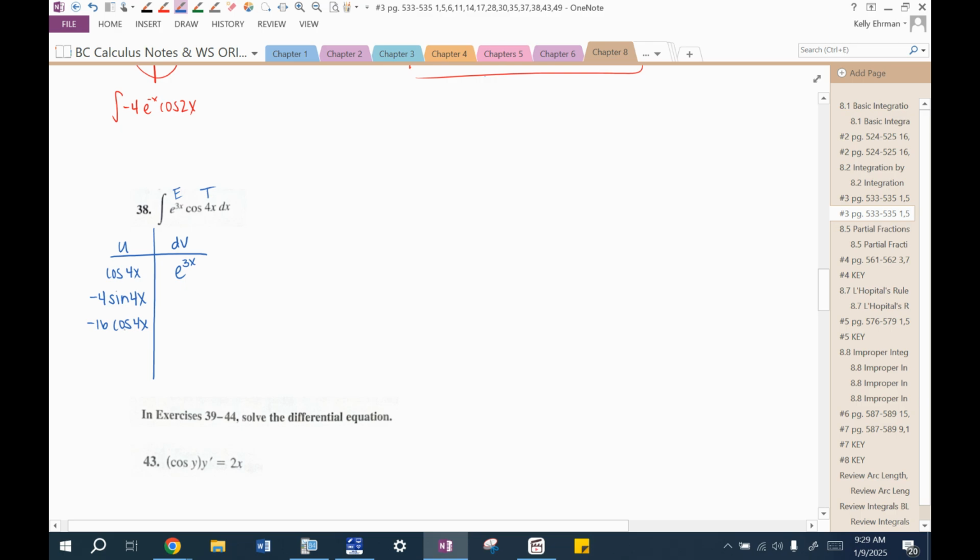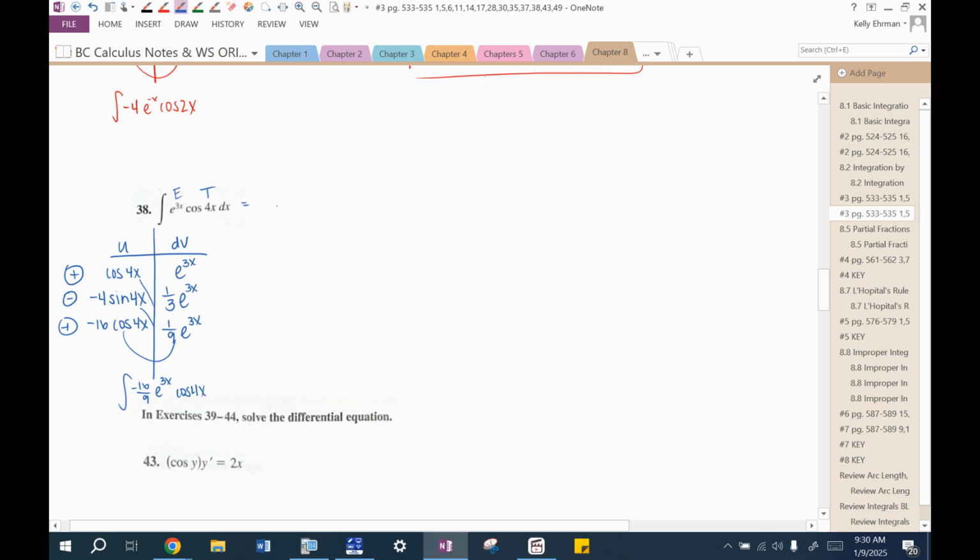So I stopped there because I got back to cosine. When you use u sub on 3x here, you're going to get 1/3 e to the 3x. And then you're going to get 1/9 e to the 3x when you integrate. Plus, minus, plus, connect diagonals, loop around. This is going to be the integral of negative 16 ninths e to the 3x cosine 4x.